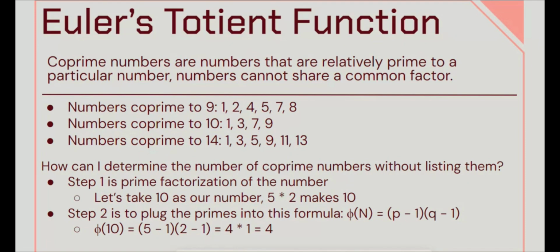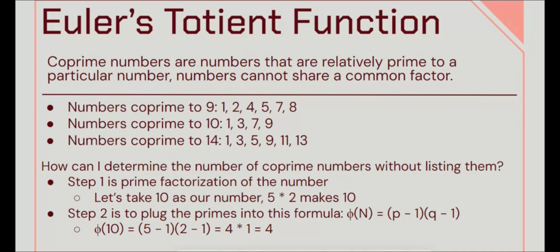But what if I don't want to list these out every time? Then I need to figure out a function which I can plug these numbers into so that it's easier for me to figure out how many numbers are coprime to a particular number. Step 1 is finding the prime factorization of the number. If we take 10, for example, the prime factorization is 5 and 2, and that makes 10.